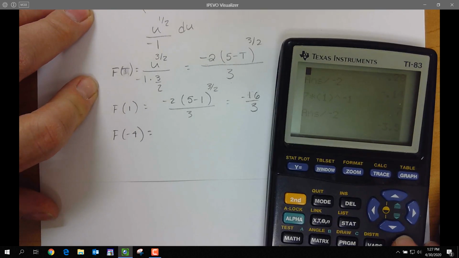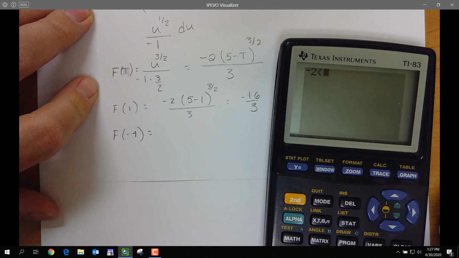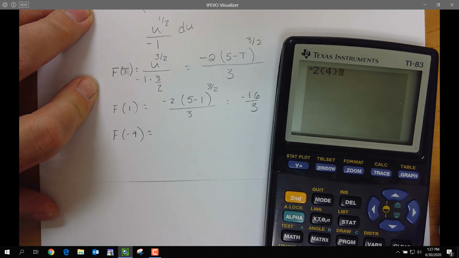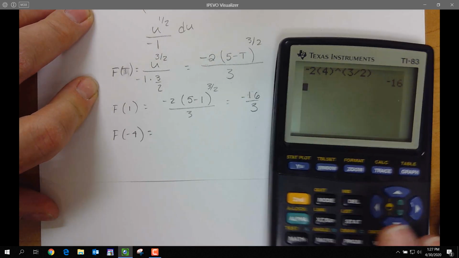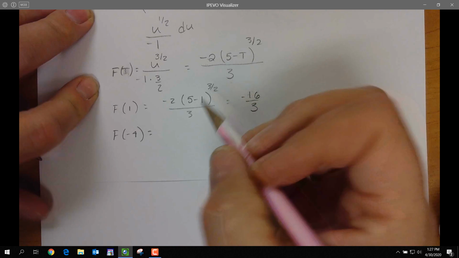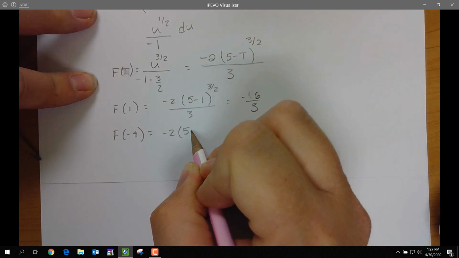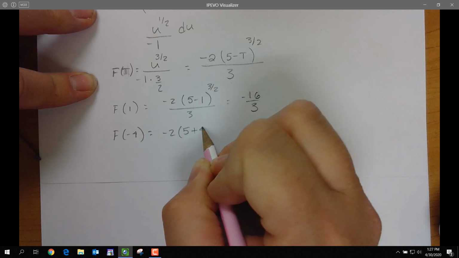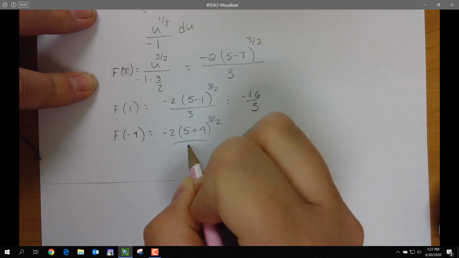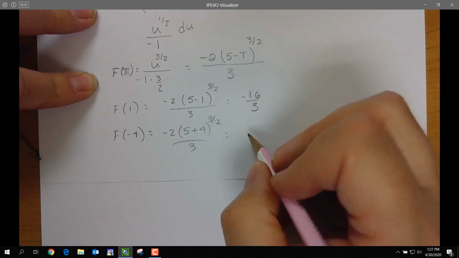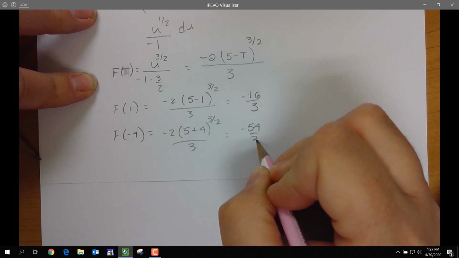So negative 2 times 5 minus 1 is 4 to the power of 3 halves, and ta-da, negative 16 thirds. Okay, the next one would be negative 4, so we have negative 2. 5 minus a negative 4 is going to be a plus 9 to the 3 halves divided by 3, and this one's the negative 54 thirds.